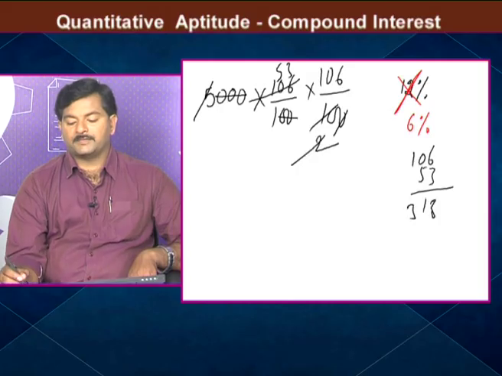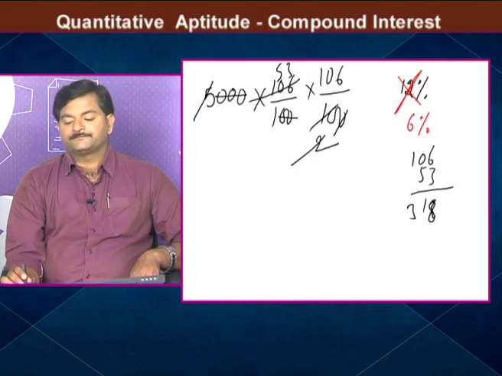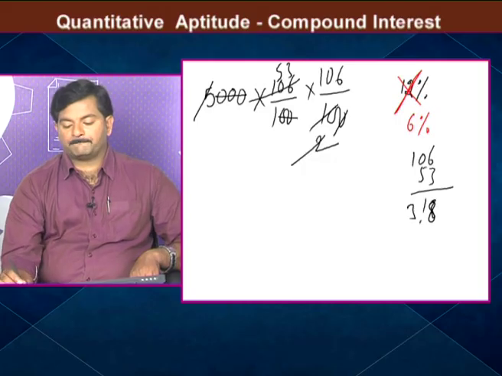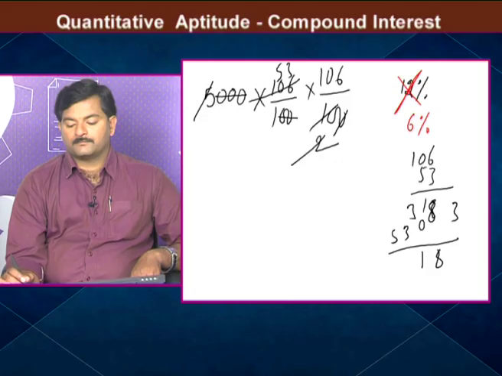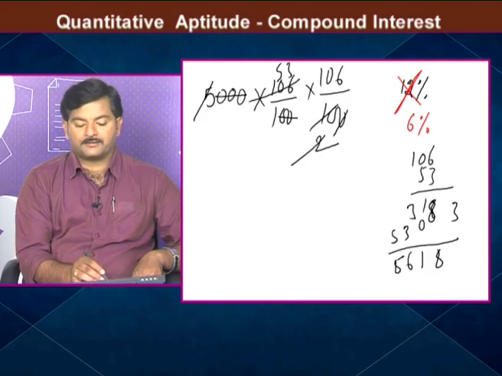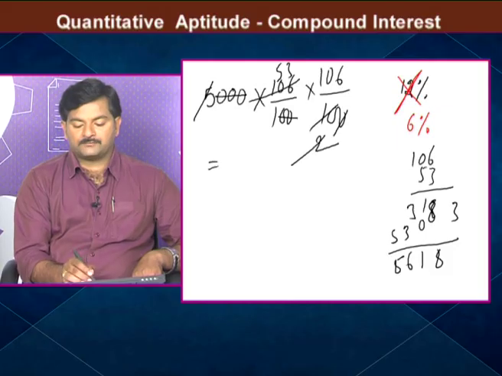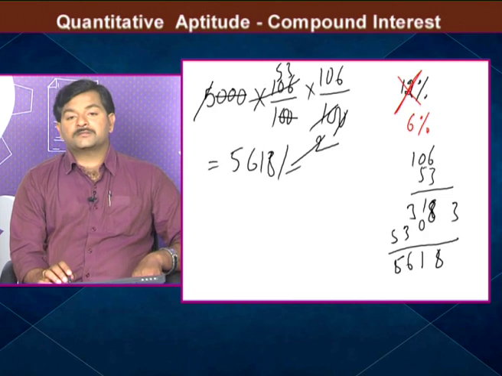Here it is 18, 3 6s are 18, so 30. Again 3 5s, what am I getting? 8 1 6 5. So what am I getting here? 5,618 rupees.